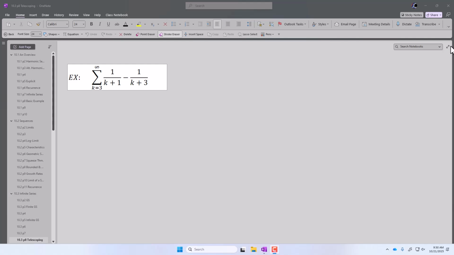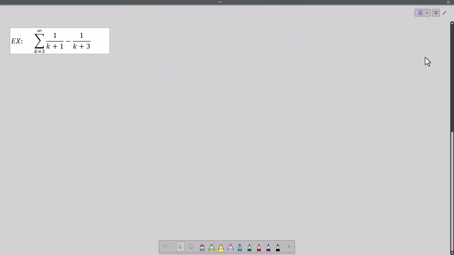So we did an example of telescoping last time. Let's carry on with telescoping series. If we think about a series, anytime we're trying to analyze convergence or divergence, we need to look at S sub n.